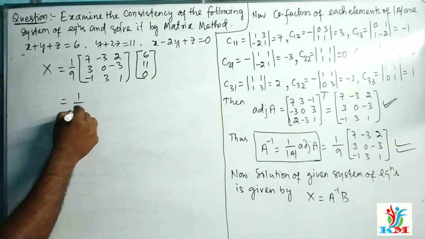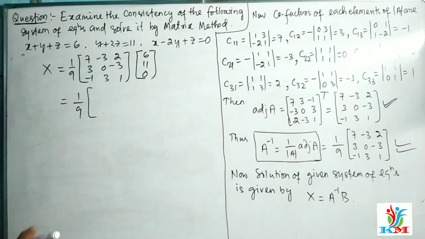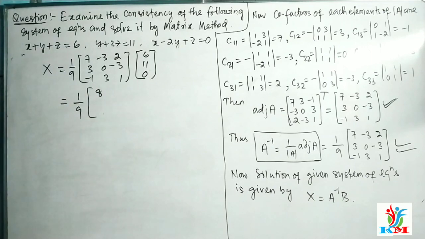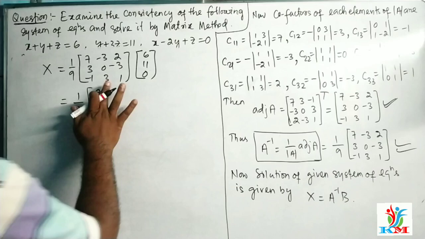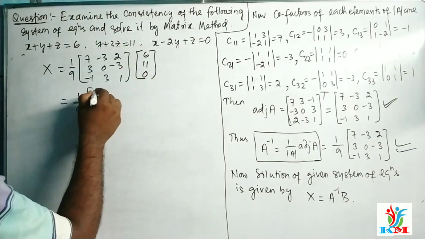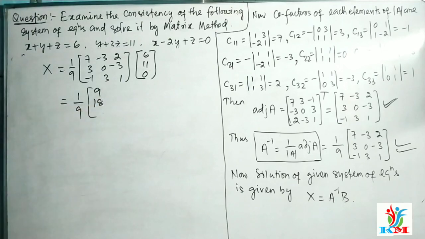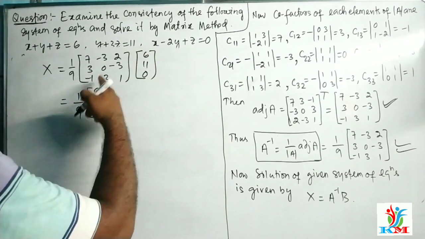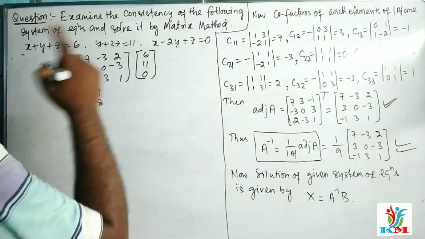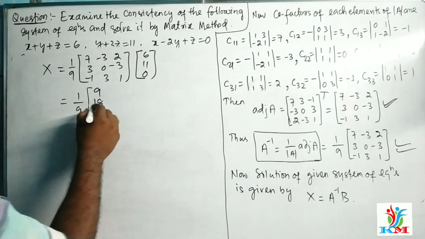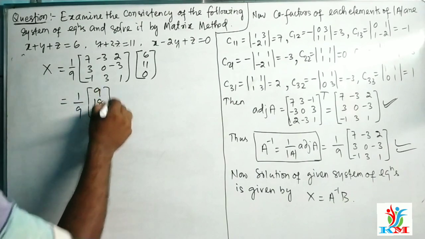Multiplying these two we get 7 times 6 is 42, here we get 8, and in the next we get 9, the next we get 18, and when we multiply minus 1, it's minus 6 plus 33, which is equal to 27.